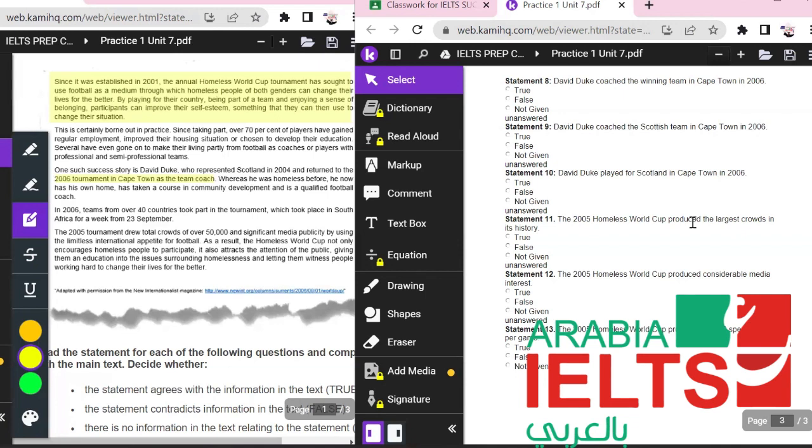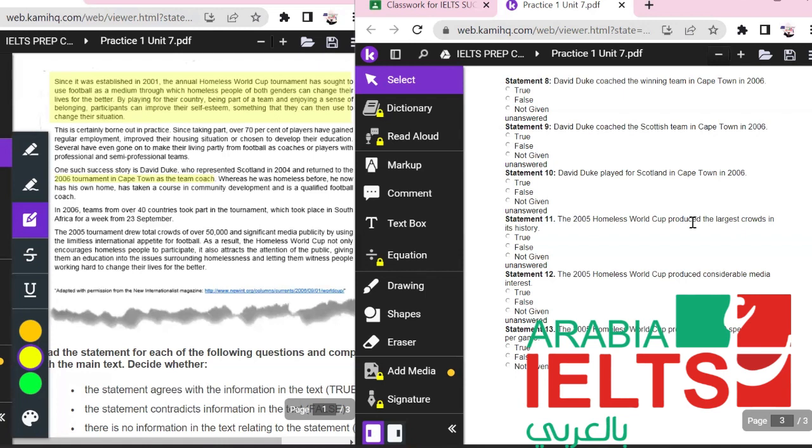The next one says the 2005 Homeless World Cup produced considerable media interest. True, because it says there was significant media publicity, which is a paraphrase of the statement. They are exactly the same in meaning.